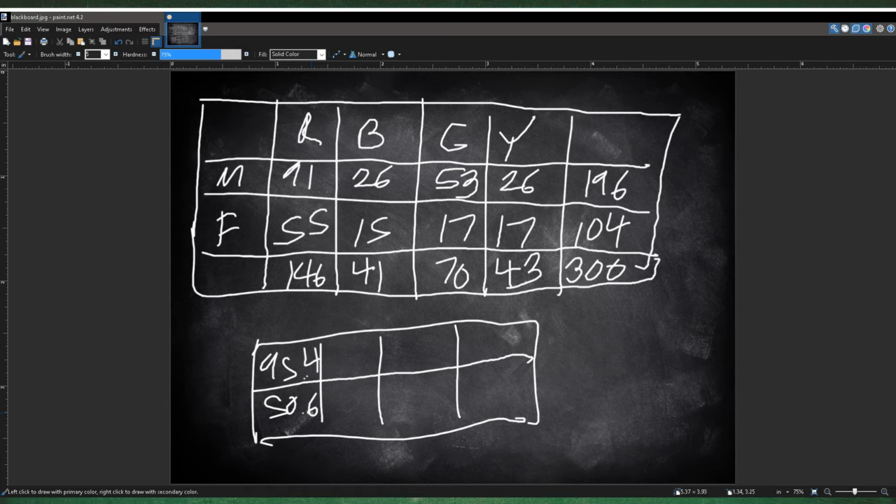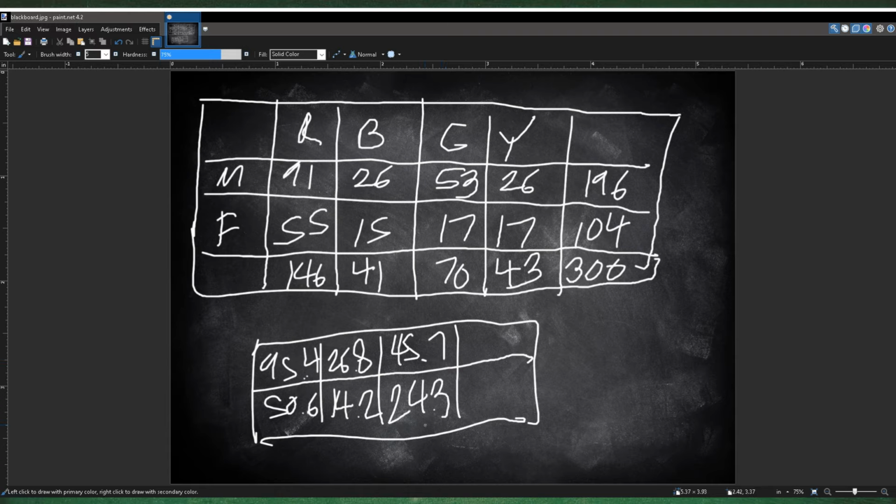You get 41 times 196 divided by 300, which is 26.8. Then 41 times 104 divided by 300, which is equal to 14.2. Then 70 times 196 divided by 300, which is 45.7. And 70 times 104 divided by 300, we get 24.3.